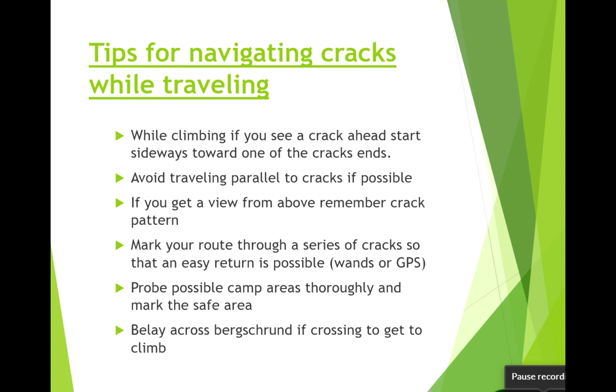And another thing to keep in mind with route finding is if you have to cross a Bergschrund on a glacier, many times that can be cruxy in the sense that you'll have to climb a steep snow slope or a steep ice slope to get across, or look hard for a specific place where you might cross effectively.